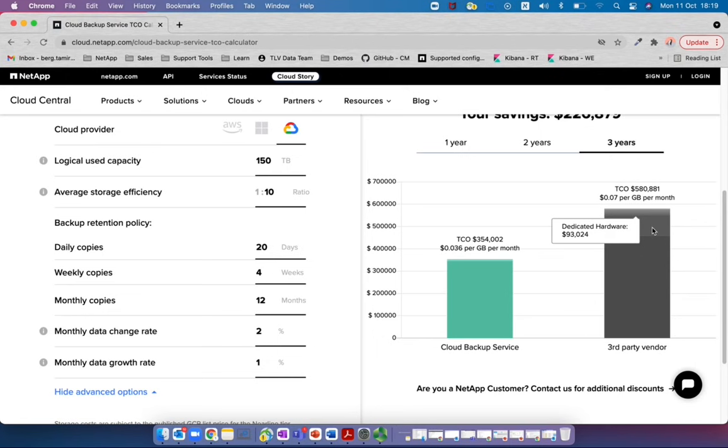Other elements are professional services and project management. As opposed to CBS, which can be up and running in 15 minutes once the decision had been made, data protection solutions usually require time, anywhere between a few days to a few weeks, if not months, in order to implement. Once up and running, training on the new system will initiate, getting everyone on board, as such solutions usually have a pretty steep learning curve.